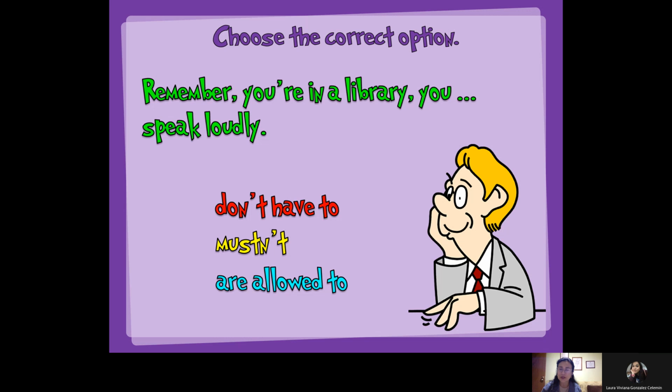What do you think, Laura, is the appropriate modal? To speak loudly means to speak in high volume, con un alto tono de voz. And remember that you are in a library. You are allowed to, you mustn't, or you don't have to. What do you think is the appropriate modal, Laura?